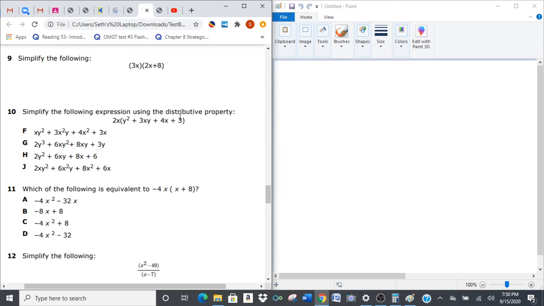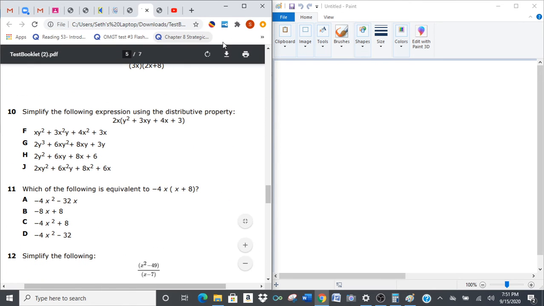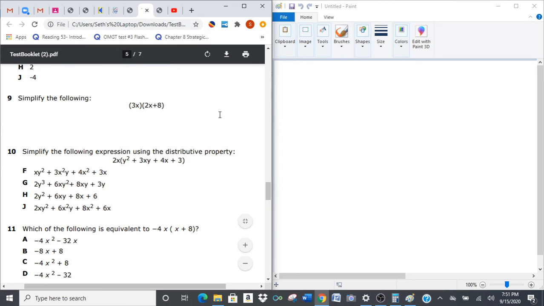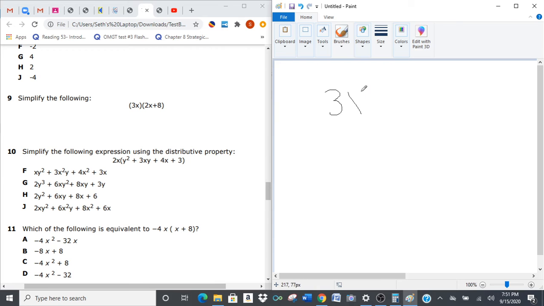Real quick. So simplifying the following, number 9, we're using the distributive property. Distributive property is really easy.